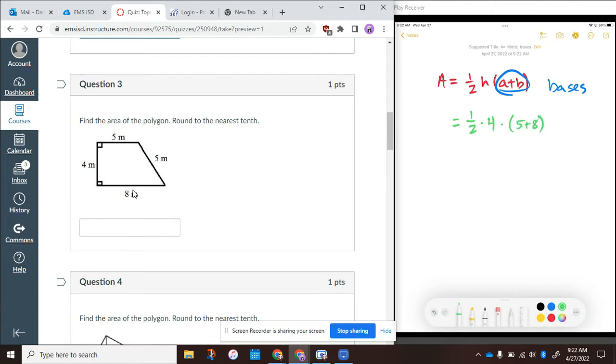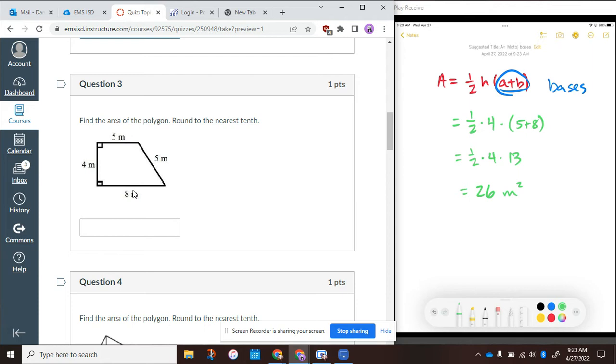You can simplify this down, or you could type this in the calculator exactly as it is. 1/2 times 4 times 13. However you want to do it. It's all going to turn out to be equal to 26 square meters in this case.